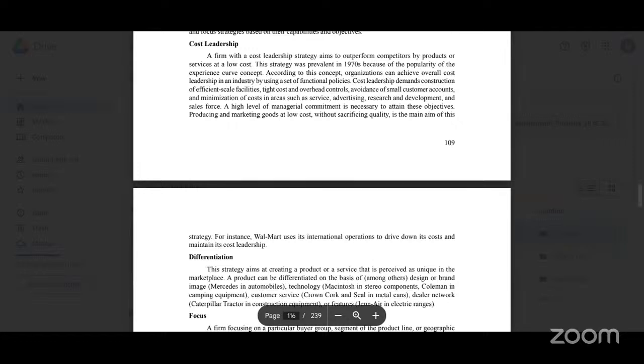So, cost leadership demands construction of efficient scale facilities, tight cost and overhead controls, avoidance of small customer accounts, and minimization of costs in areas such as service, advertising, R&D, sales force, etc. So, high level of managerial commitment is necessary to attain these objectives.